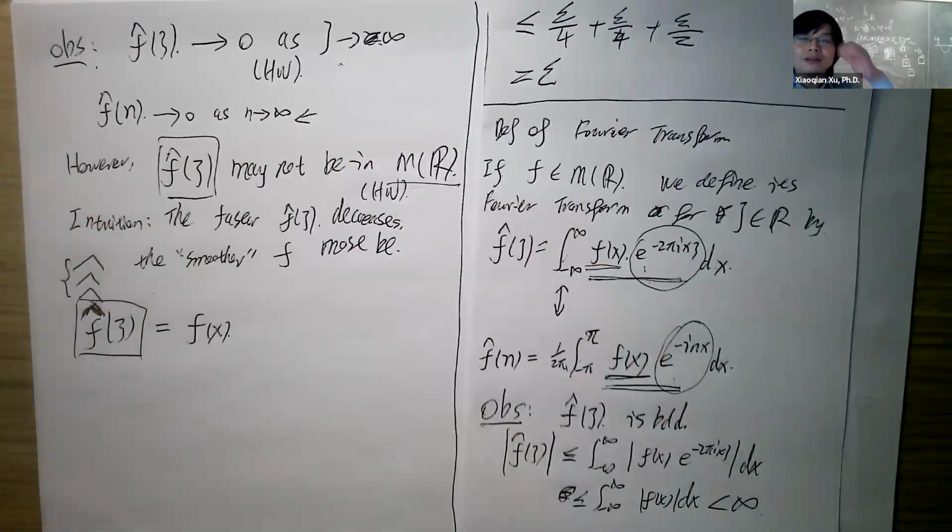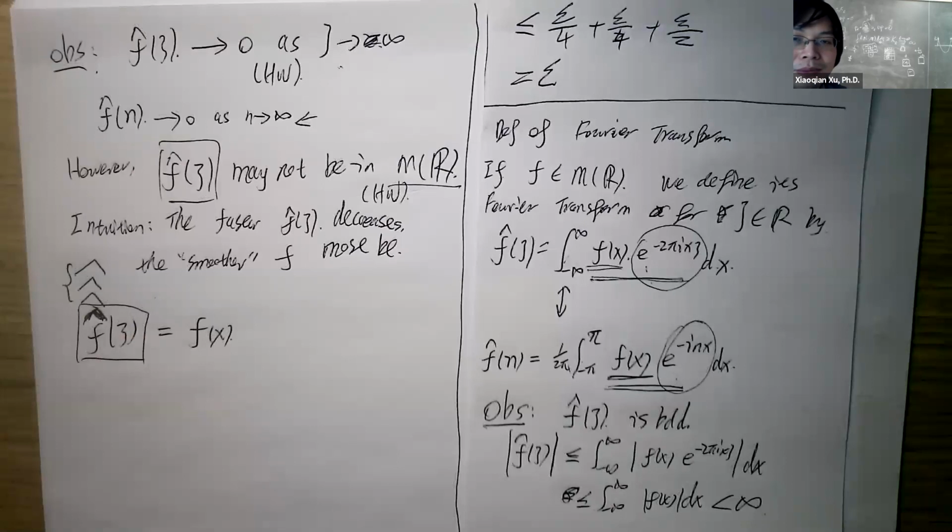Because we don't really know whether the Fourier transform exists or not. So in this case, maybe we should try to build some other kind of space, such that if you have a function in this space and you take the Fourier transform, you still get a function in this space. So you can continuously take the Fourier transform, so that we can take this kind of inverse Fourier transform to get back to your function, right?